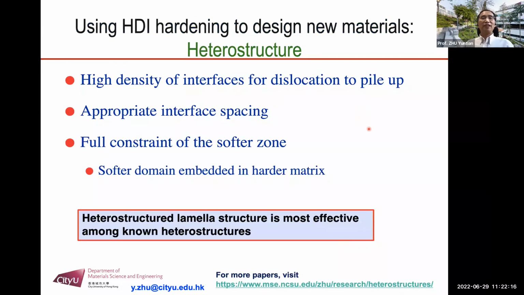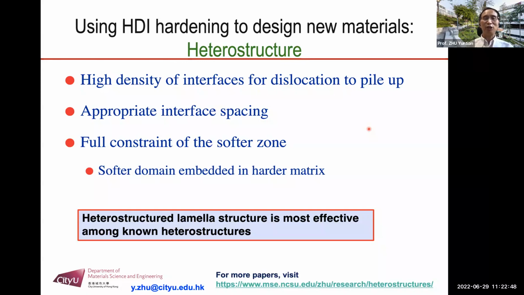Then you say, okay, heterostructured materials are great, that's so good, I also want to work on that. How do I design new heterostructures or new heterostructured materials? Let's consider what gives us this IGDI stress. It's caused by GNDs piling up against zone boundaries or interfaces.